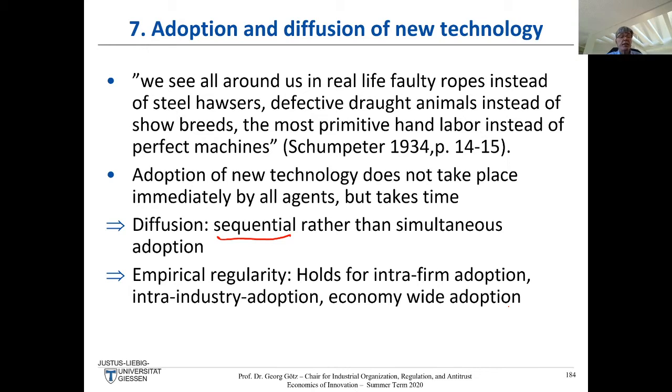And it holds for intra-firm adoption. Deutsche Bahn not only has very modern trains, but very old ones, and this holds even more for their, whatever Stellwerke is in English, these large switching, I don't know how you would translate that into English.